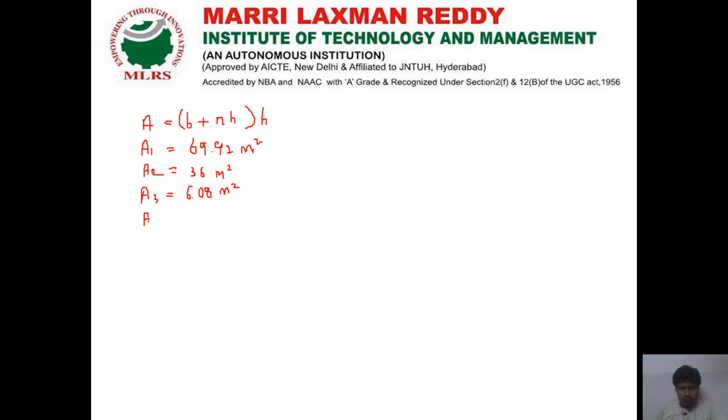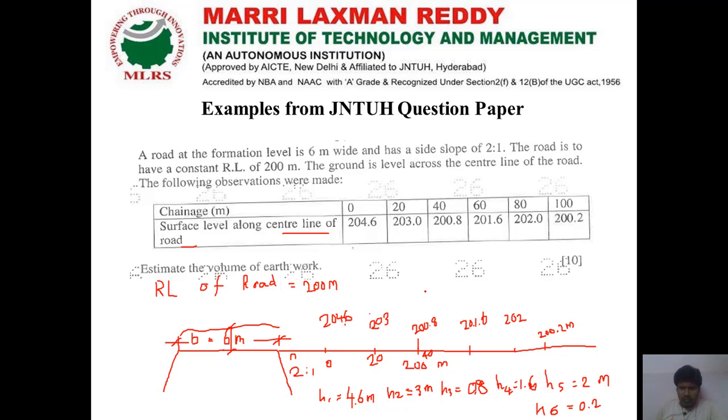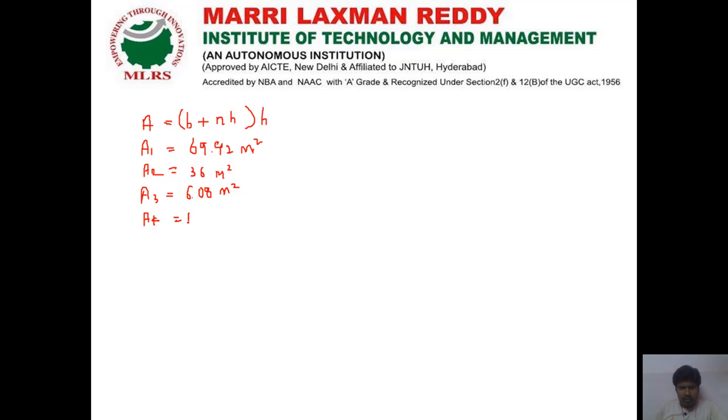A4, using H4 as 1.6, gives 14.72 meter square.